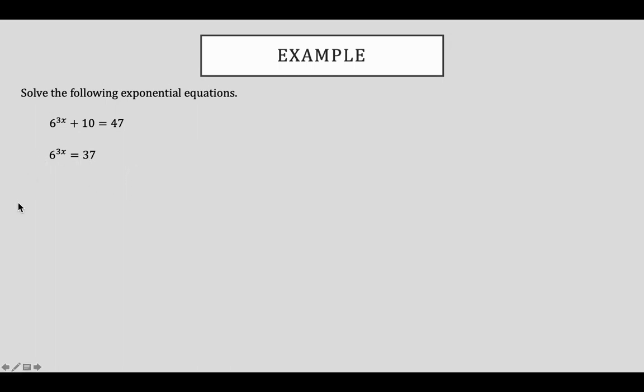Now that we have isolated the exponential quantity, to remove this 3x from the exponent, in other words, 3x is being exponentiated, we must do the inverse operation of exponentiation. And the inverse operation of exponentiation is logging. Remember that whenever you log, you want to log using the same base as the base of the exponent.